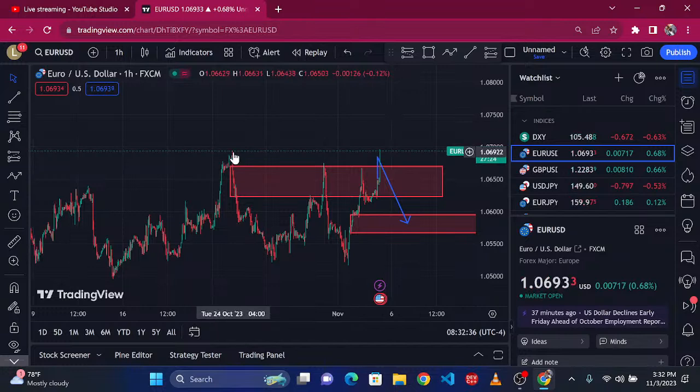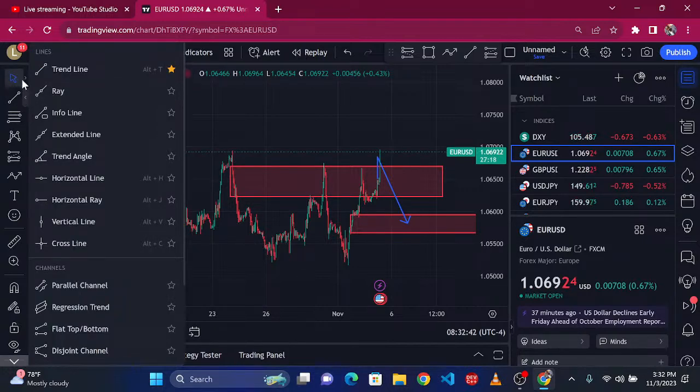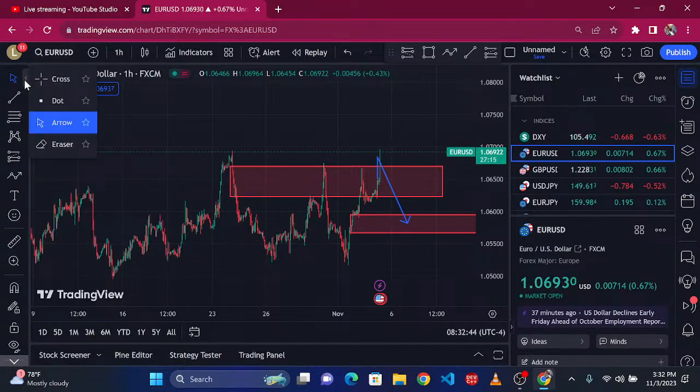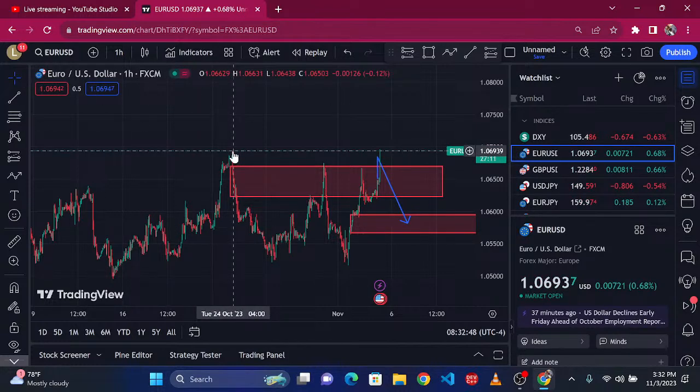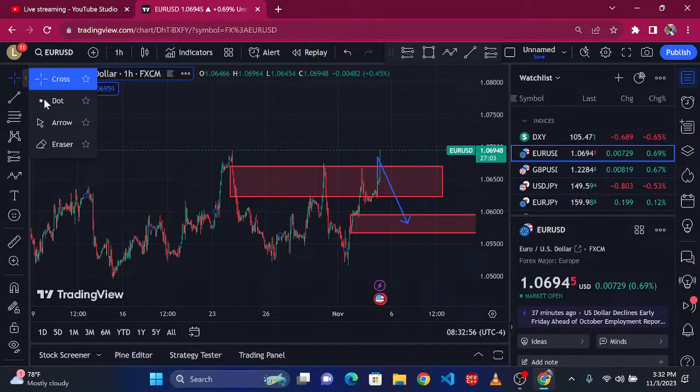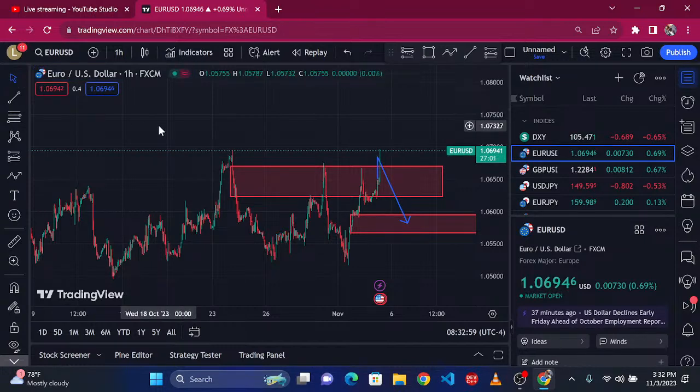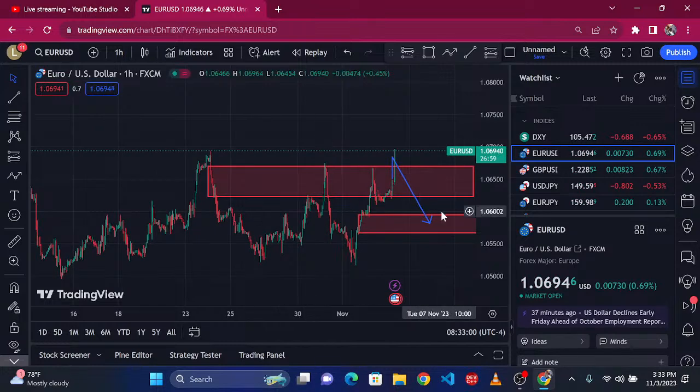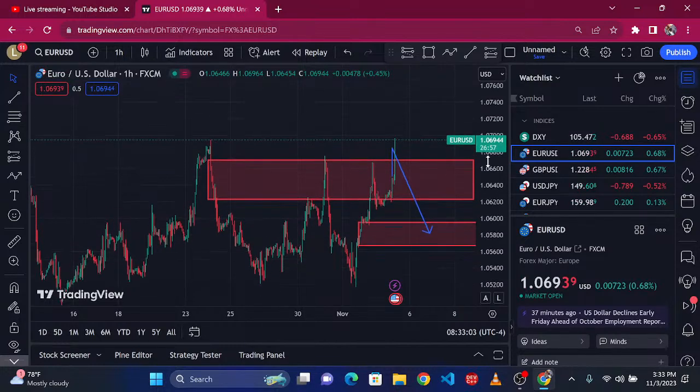Once it has already taken it or it has not, let's see. It has already taken the high right there, so it might be going for lows right now. Let's wait and see a little bit.